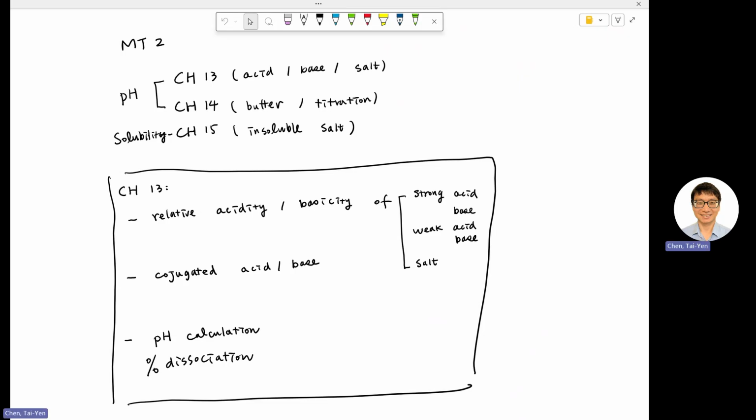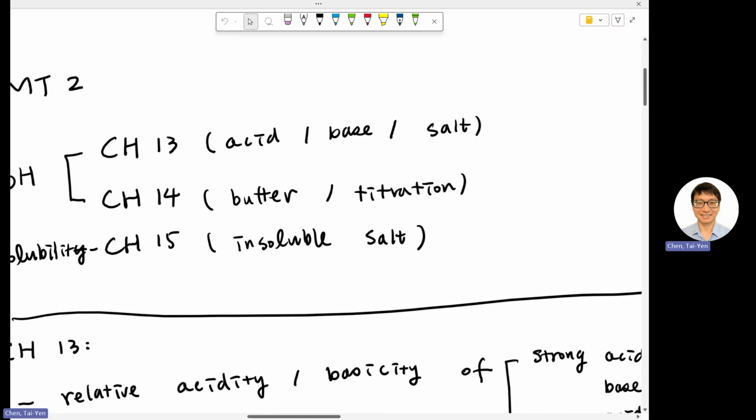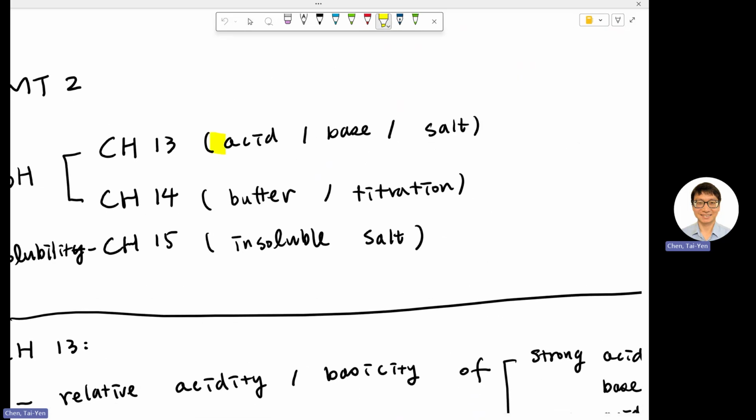Here is the breakdown of what we're going to have for midterm 2. Still 3 chapters: chapter 13, 14, and 15. From chapter 13, which is the chapter we're going to go through today, we're going to cover mainly the definition of acid, base, and salt.